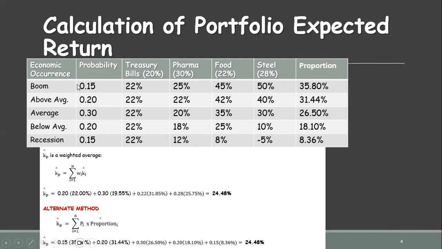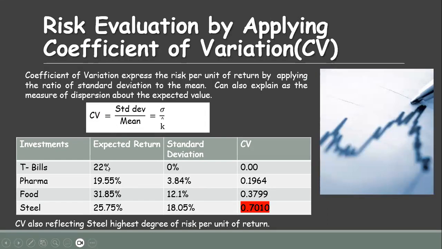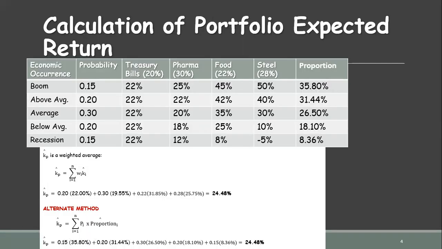Now there are two methods. One is by applying the weight method. In the previous slide, we can see expected returns are 22%, 19.5%, 31.85%, and 25.75%. These are the expected returns against all types of securities. In the first method, we multiply the weight with the expected return. Here, 20% is for trading bank, and its expected return is 22%.